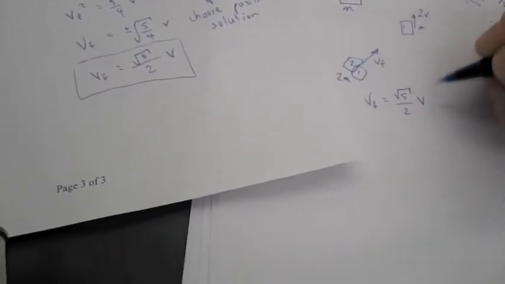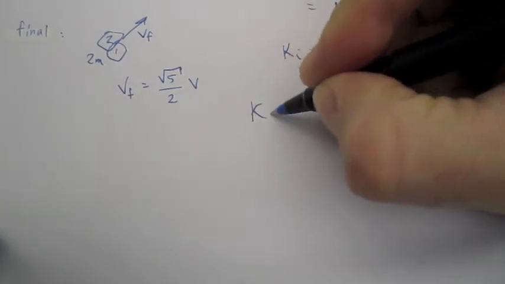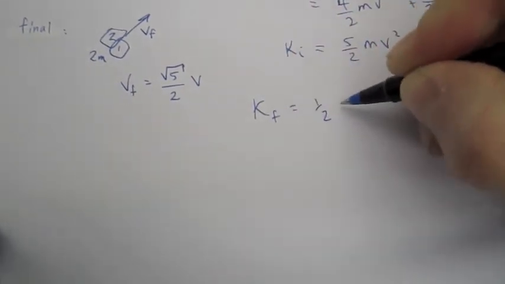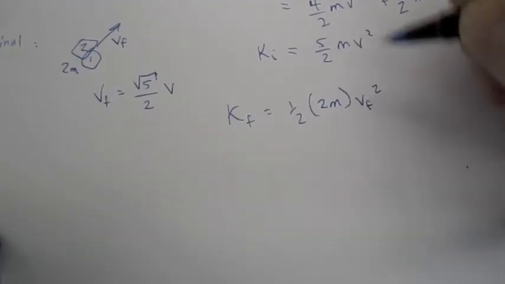And so the kinetic energy final is equal to 1/2 of 2m, the final mass, times v final squared.